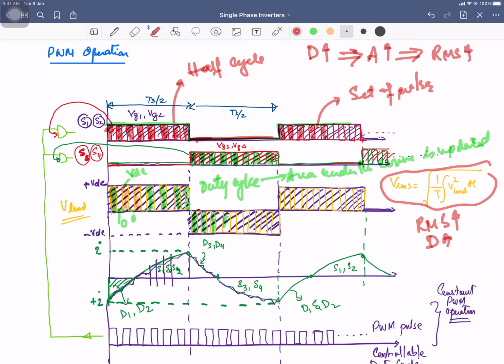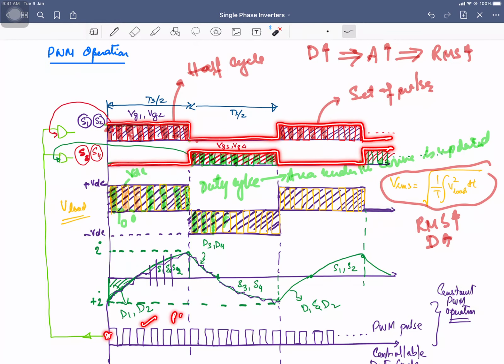So how to convert your constant gate voltage signal into a PWM signal? That can be done easily if you have the constant gate voltage signals that we have discussed for the half bridge or the full bridge. So if you take a PWM signal that you can see over here, a PWM signal of high frequency as compared to your output frequency.